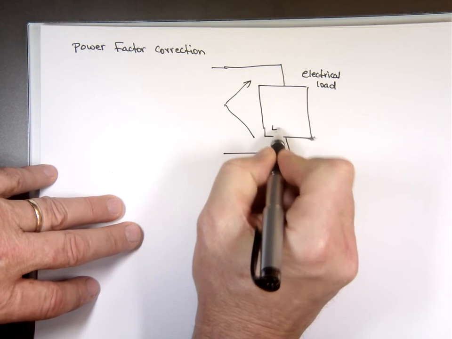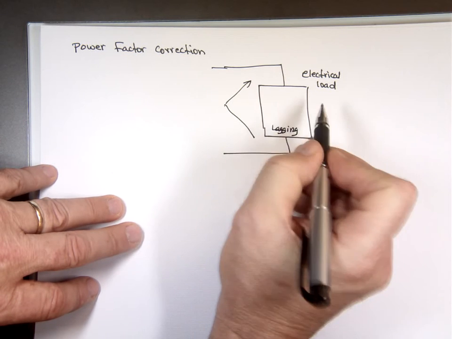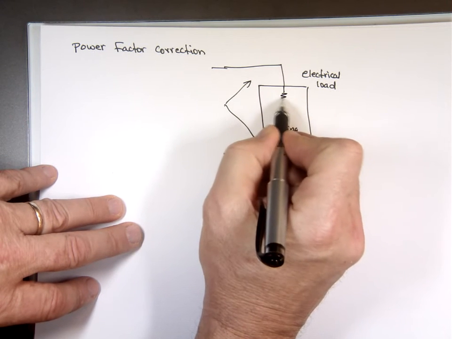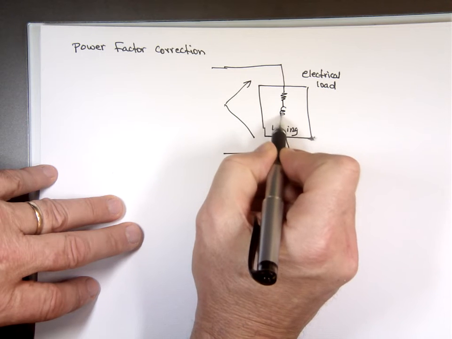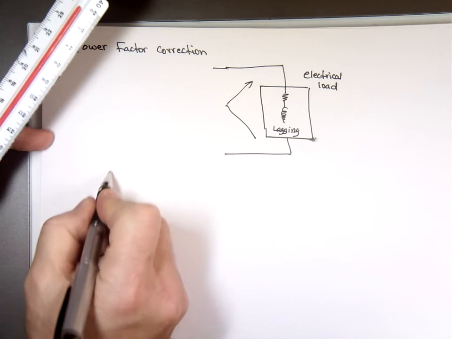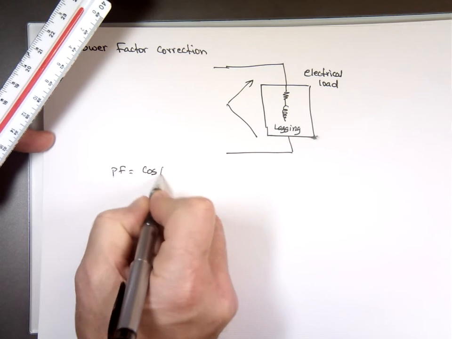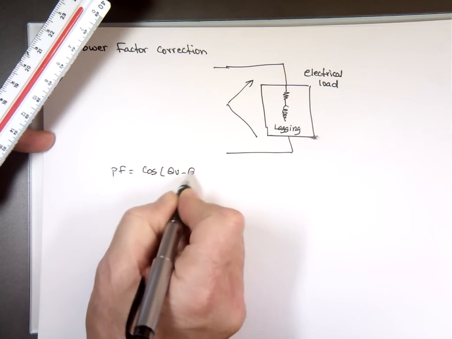So if it's a lagging power factor, your load is going to be a combination of a resistor and what? An inductor. And if you remember from math, the way we calculate the power factor is equal to cosine of theta v minus theta i.